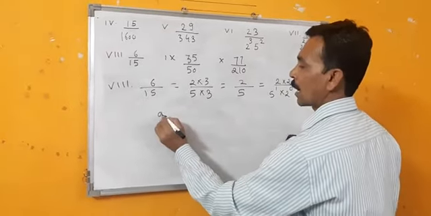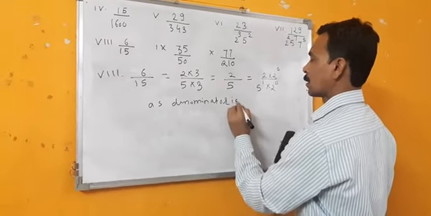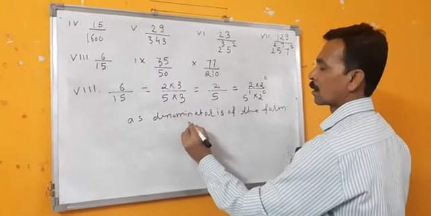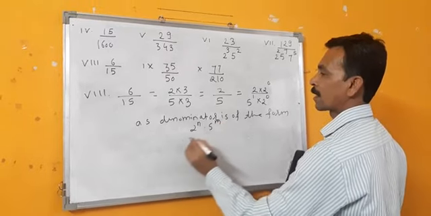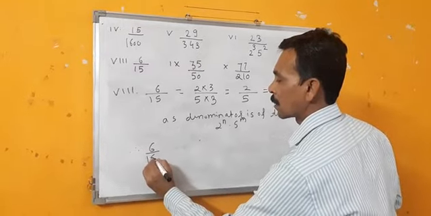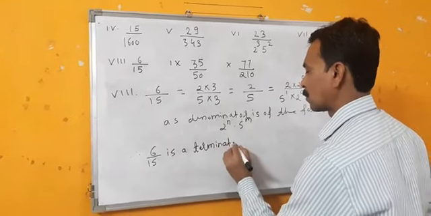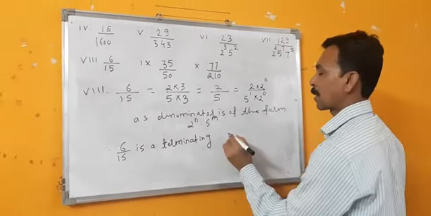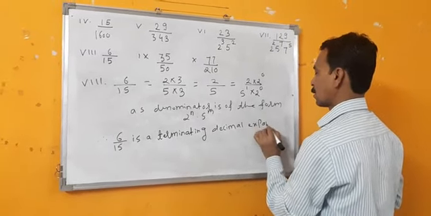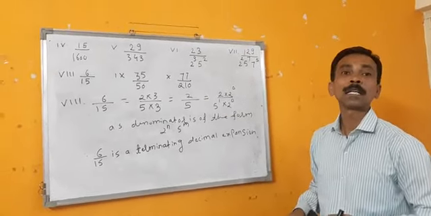So I will write here as denominator is of the form 2 raised to n into 5 raised to n. Therefore, I'll write here. Therefore, 6 upon 15 is a terminating decimal expansion, right?